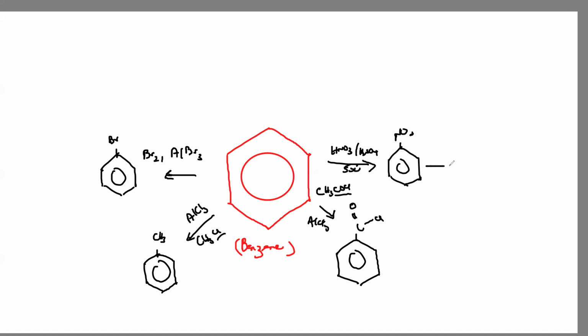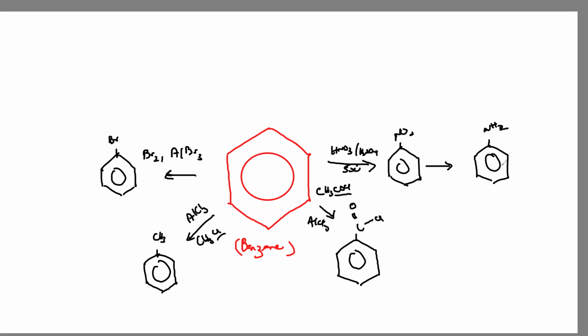Then if we want to convert nitrobenzene into phenylamine, meaning a benzene ring with the amine group, we call that phenyl. Phenyl is a name given to a benzene ring. So this is phenylamine, meaning an amine group with the benzene ring.